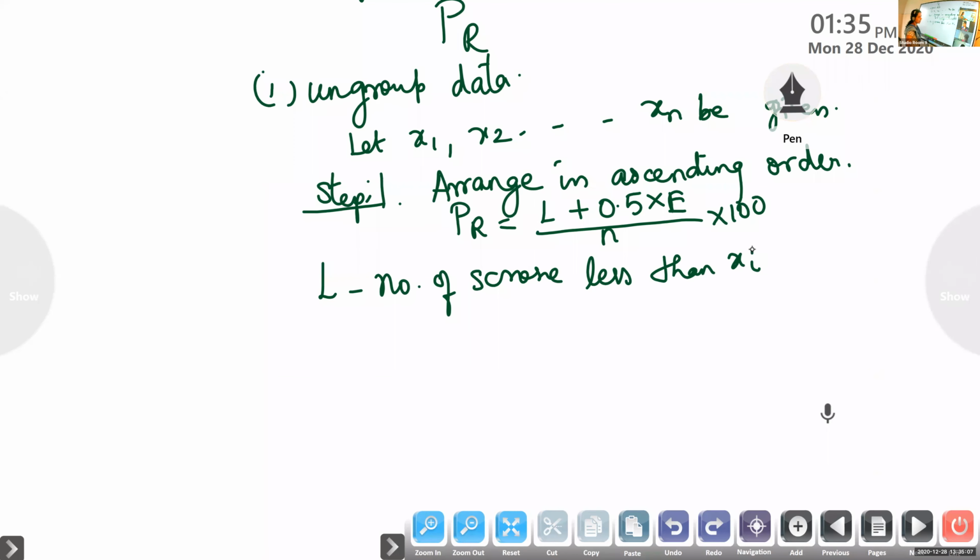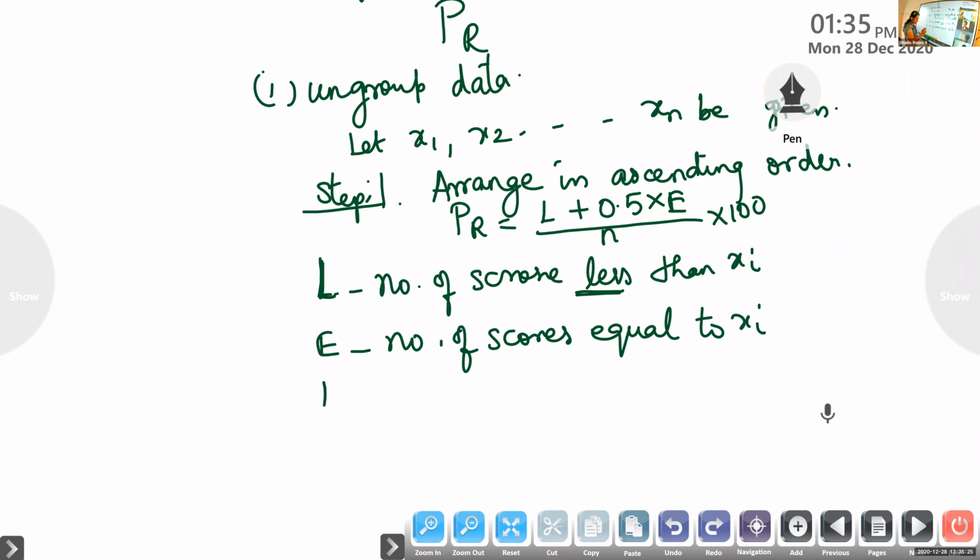From the word itself you can remember: L, less than Xi. E denotes the number of scores equal to Xi. And N is the total number of scores. For ungrouped data, percentile rank is given by (L plus 0.5 E) by N into 100.